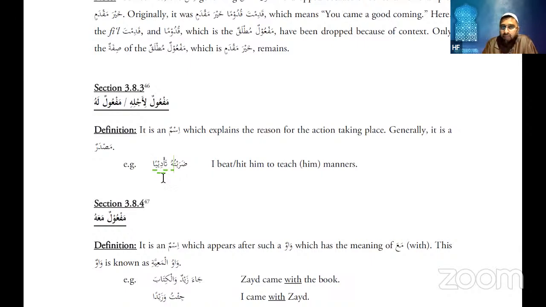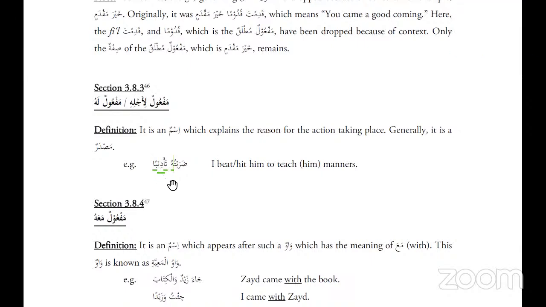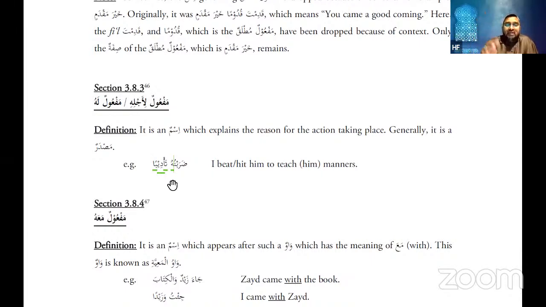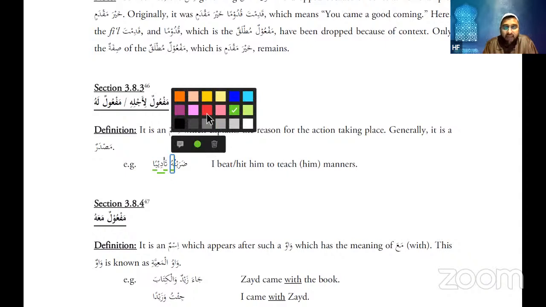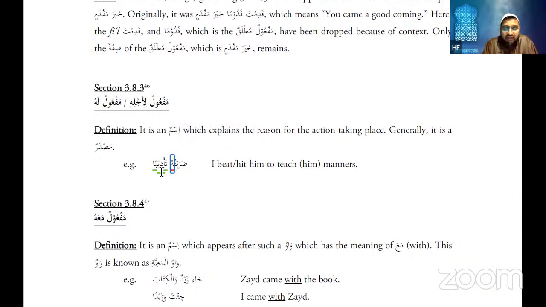Does it make sense? Yes. So you hit him, and what was the reason? That is also a description, and it will be in the same state as the direct object. So darabtuhu is maf'ul bihi, and ta'deeban is maf'ul li ajlihi, or lahu.